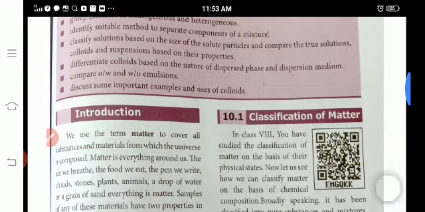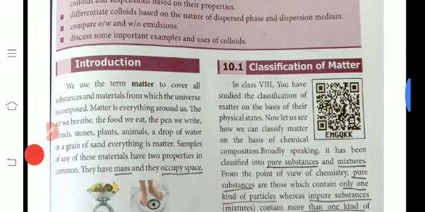Introduction. We use the term matter to cover all substances and materials from which the universe is composed. In the universe, all substances and materials are present. Matter is everything around us.